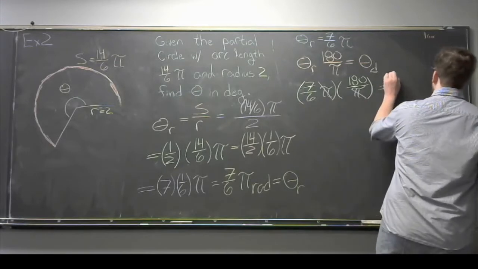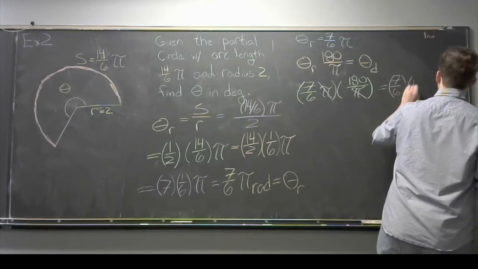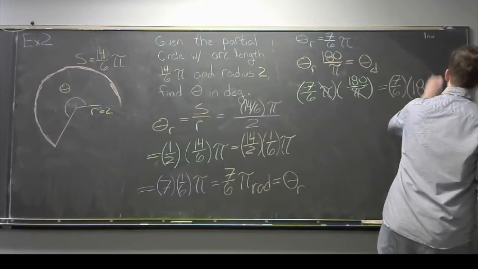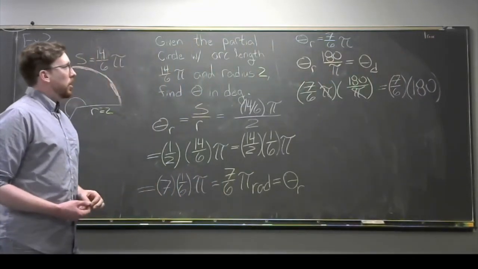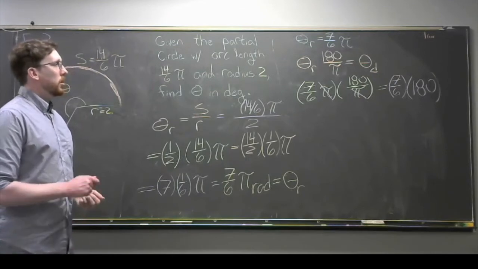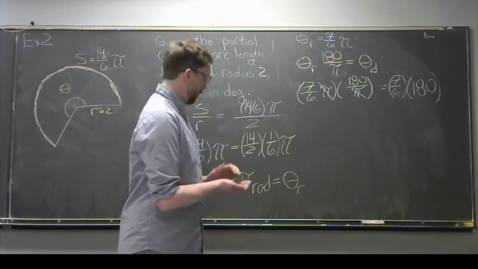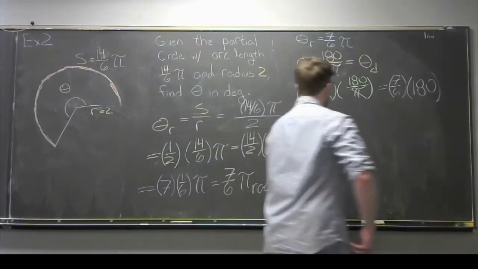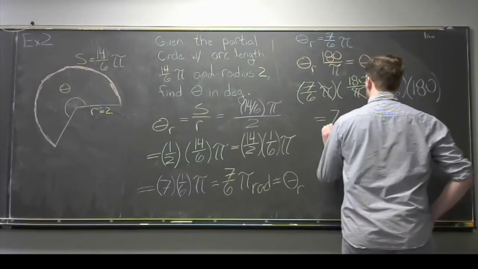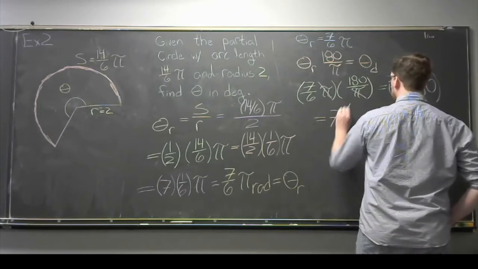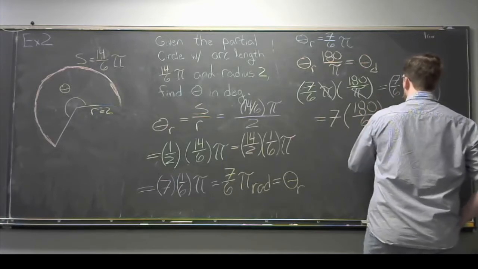So we can rewrite this as 7 over 6 times 180. 180 is divisible by 6, so let's rewrite that fraction: 7 times 180 over 6.